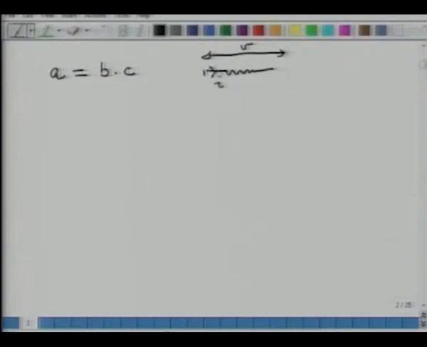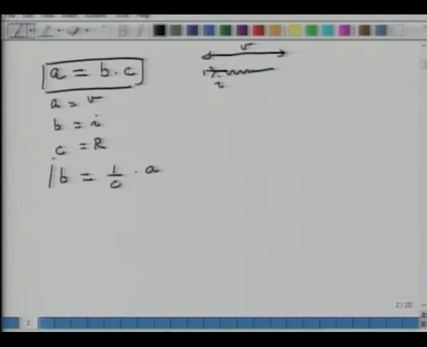In this case, my A is voltage, B is current, and C is resistance. Okay. We can also say that B equals 1 over C dot A. So these are the two forms of a two-terminal element, and there are different categories of two-terminal elements. So this is the first type.